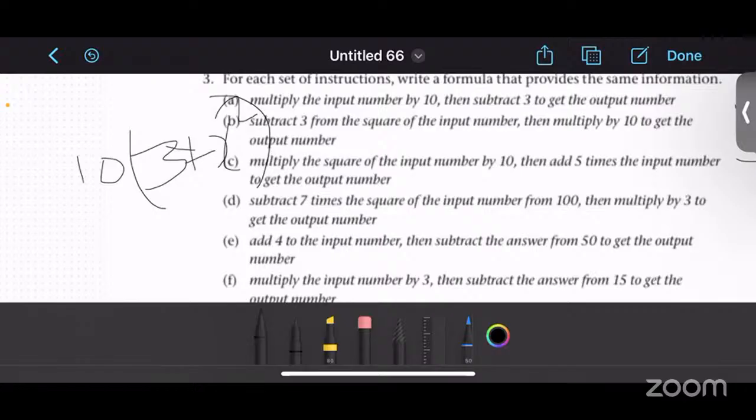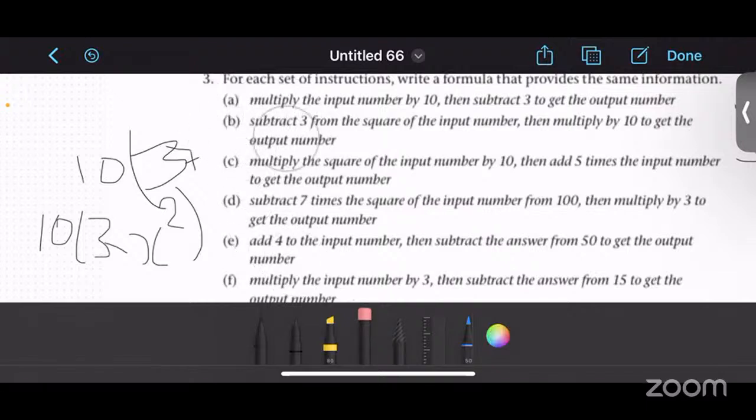Oh, wait, ma'am. It's not supposed to add, it's supposed to be subtract. Yes, ma'am. Are you sure?